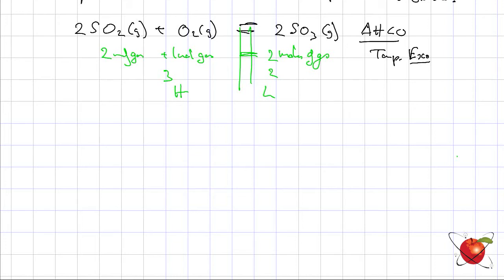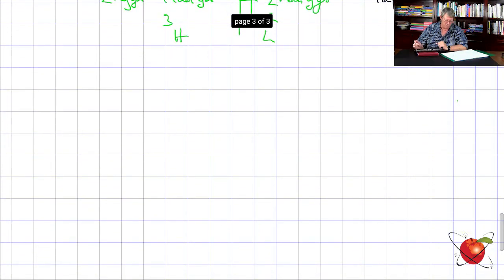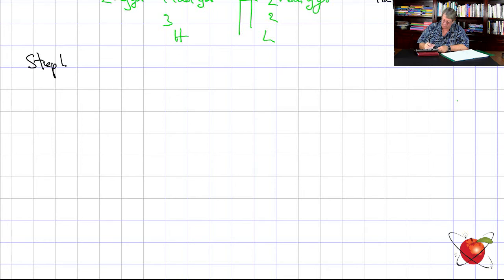Now let's have a look. What are we going to do? Let's change the rate of reactions and see what occurs on this one. First of all, let us say we reduce pressure. Okay, step 1 in all of this, let's increase pressure.